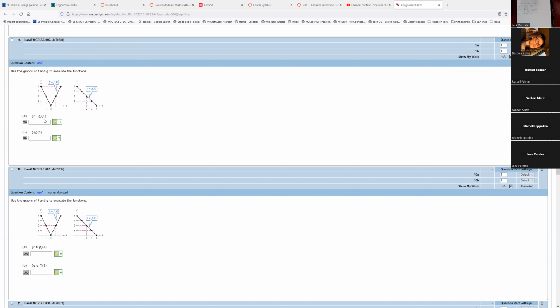Okay, so remember what we said here, right? We said this means f minus g. Part A is basically saying find f of -1 and subtract g of -1.